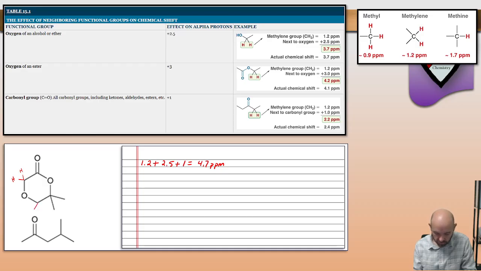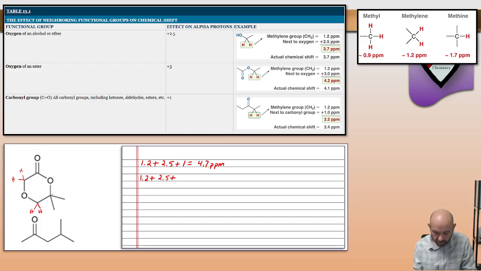Now, these two hydrogens here, they are also alpha, so that is also a methylene group, 1.2 parts per million standard. They are also alpha to this ether oxygen. They're alpha to the ether oxygen. So that's going to add 2.5 to my chemical shift for those carbons, or those hydrogens rather.